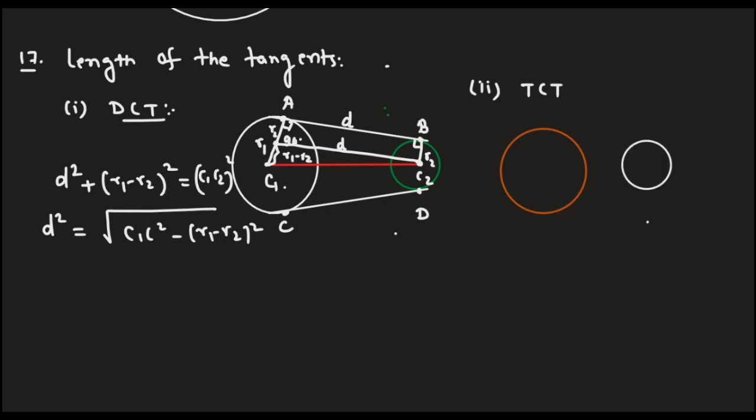Now first of all, we want to draw the transverse common tangents, these and this one, where they touch each other. Number two, we have this value also.